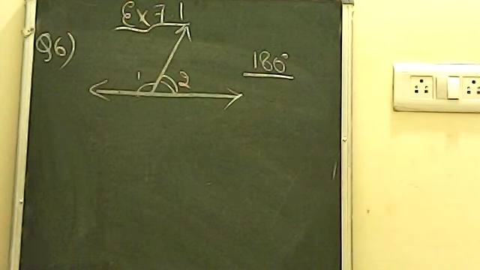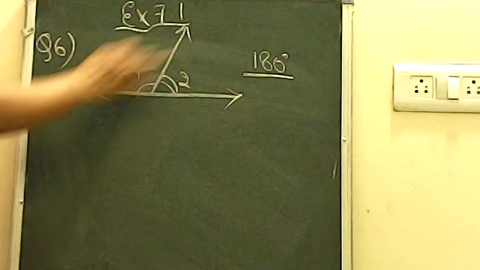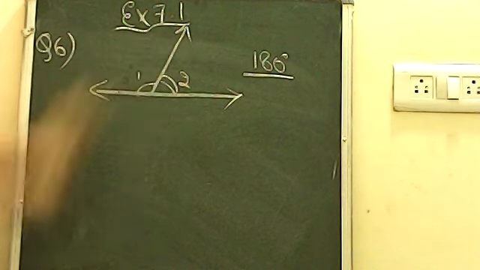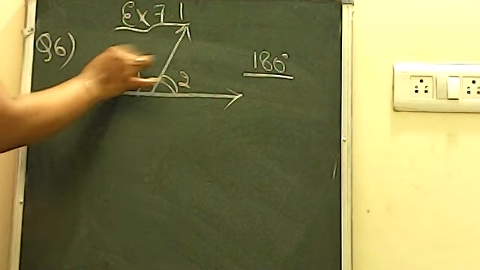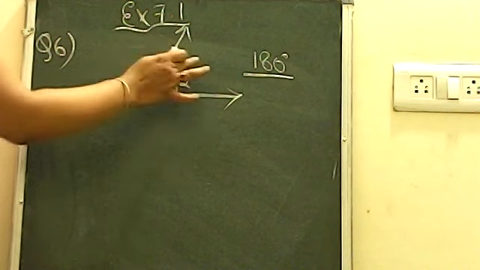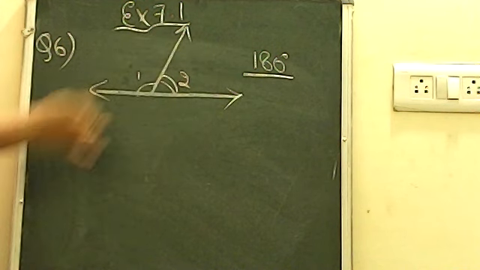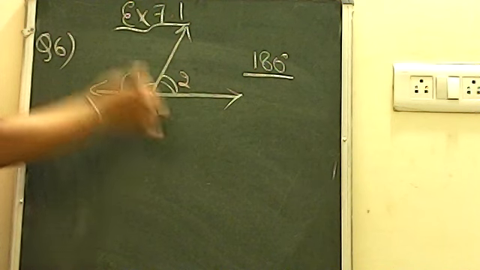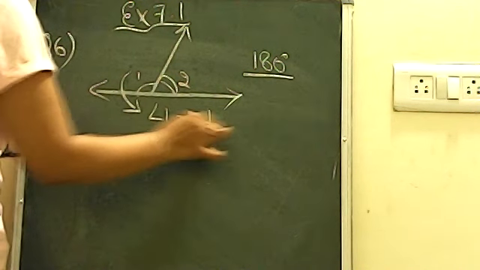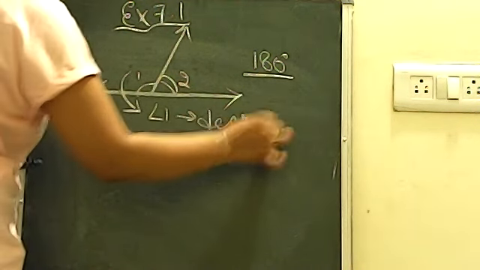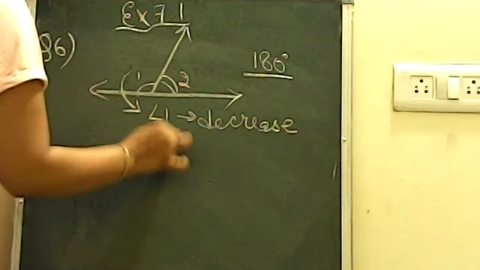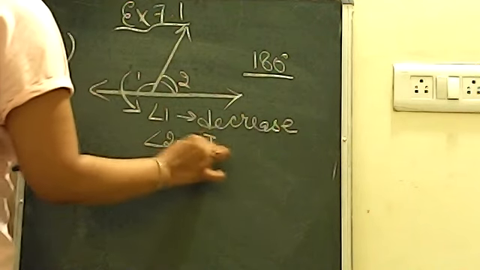So अगर हम angle 1 को decrease कर दें, यहाँ पर ये obtuse है, ये acute है. So अगर हम इसको कम कर दें तो what will be the change in angle 2? So remember beta, if angle number 1 will decrease, angle number 2 will increase.